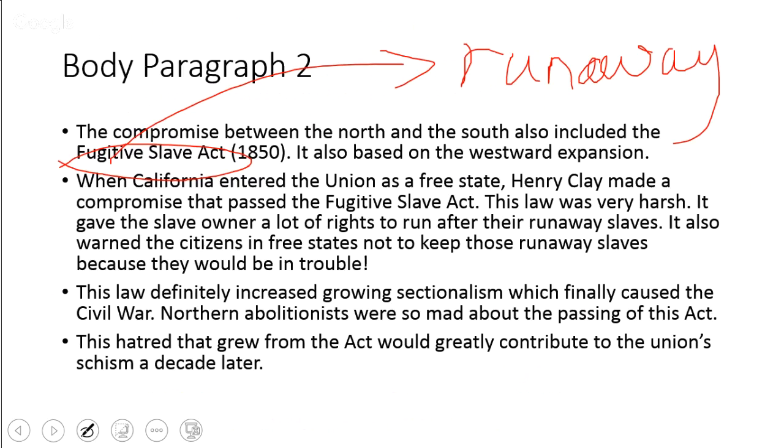And this hatred, hatred means hate, that grew from the act would greatly contribute to the Union schism a decade later. Do you remember the word decade? Decade means 10 years, right? So it's like 10 years after the passing of the Fugitive Slave Act, the Civil War broke out.